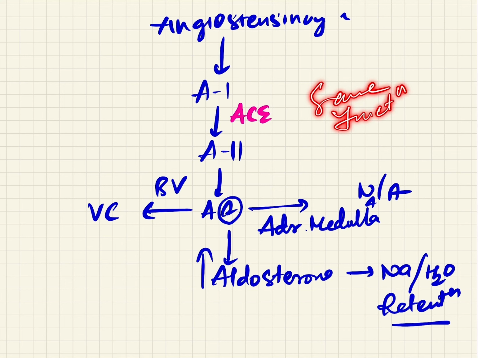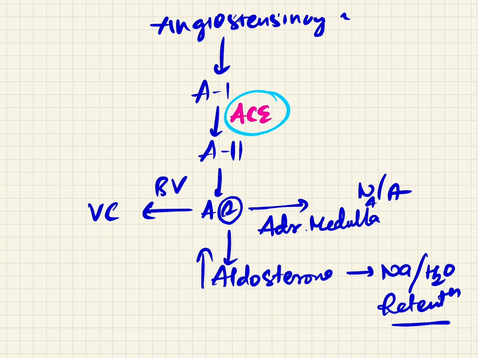But why do we have to use them and why not the others? We use both of them, but there are some conditions and some advantages of ARBs over ACE inhibitors which we have to know so that we can use them clinically. Firstly, ACE is responsible for the metabolism of bradykinin.